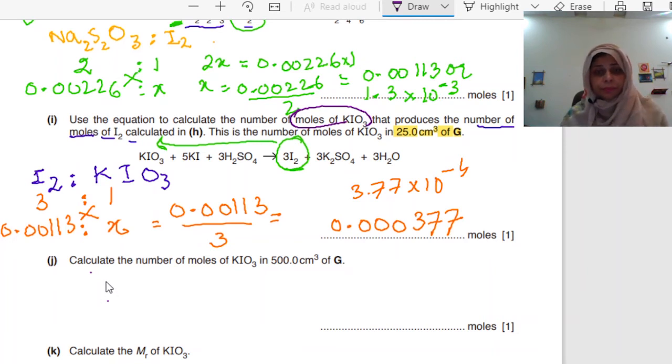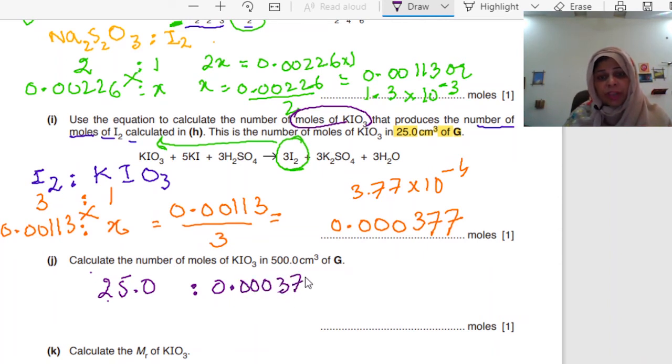Okay, if in 25.0 cm³ we have got the number of moles of KIO3 as 0.000377, then in 500 cm³, how many moles of KIO3 will there be?